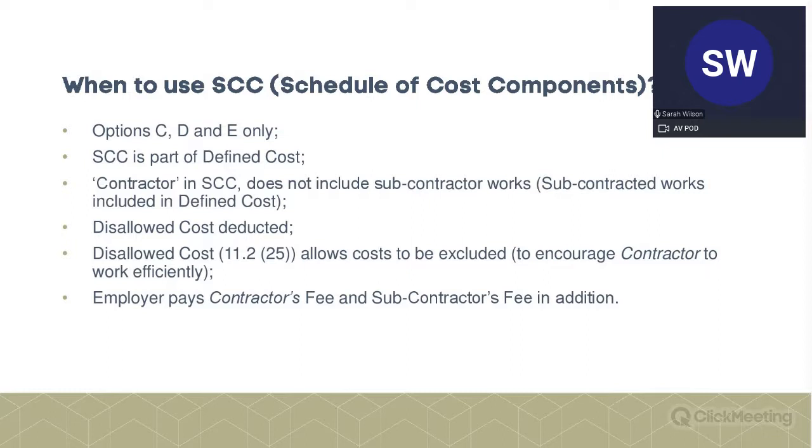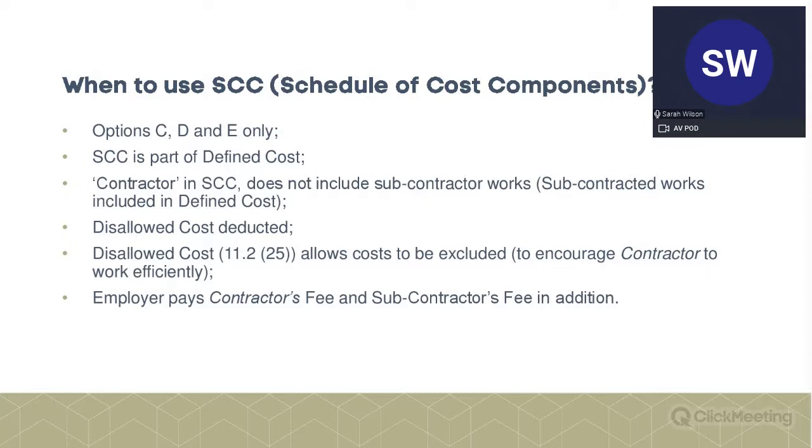Subcontracted work from a contract is dealt with within the definition of defined cost, so it doesn't appear in the schedule of cost components. So if you are interested enough to read the schedule of cost components after this webinar, don't panic and think, well, what happens to subcontractor costs here? Because you'll see that it's covered in defined cost.